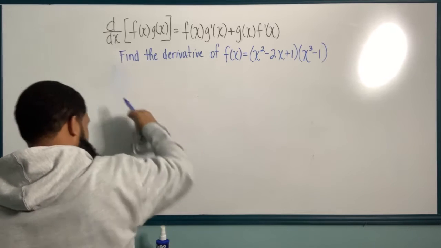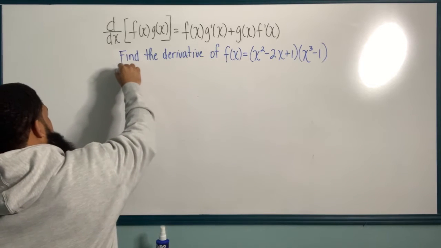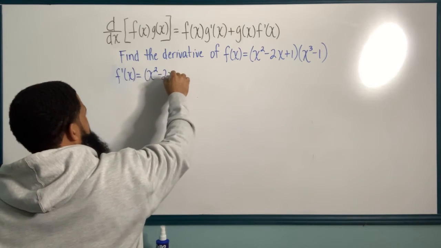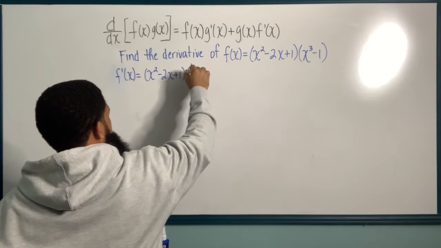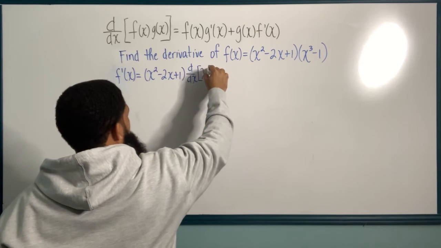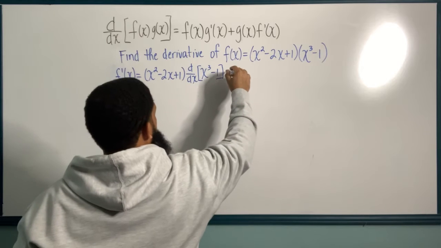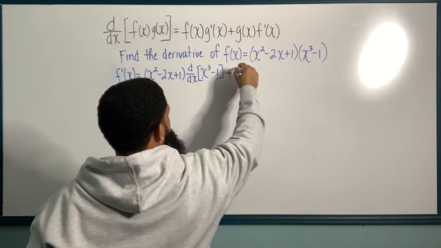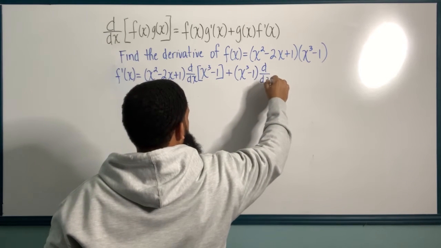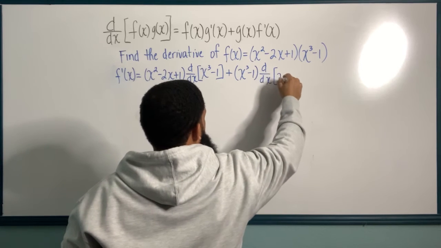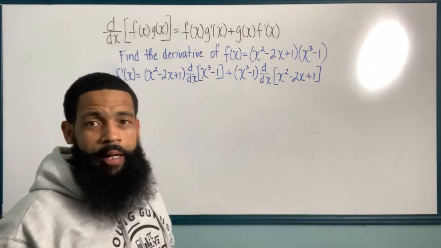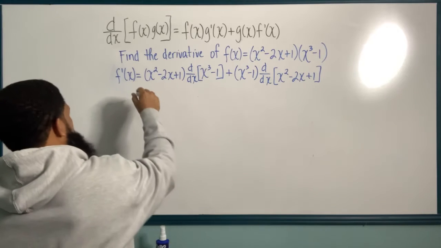Let's say f prime of x is equal to x squared minus 2x plus 1, d/dx of x cubed minus 1, and then plus x cubed minus 1, d/dx of x squared minus 2x plus 1.